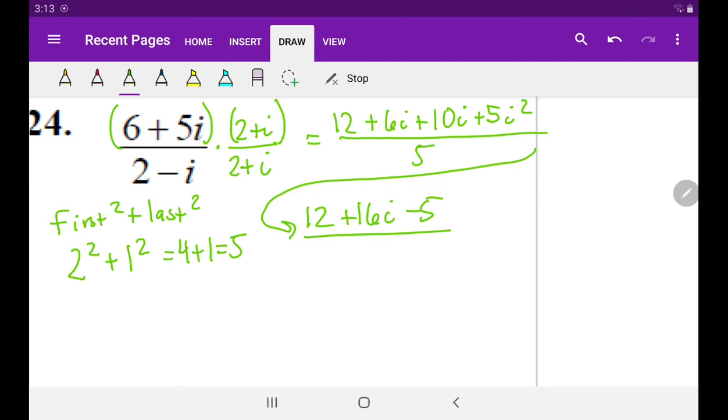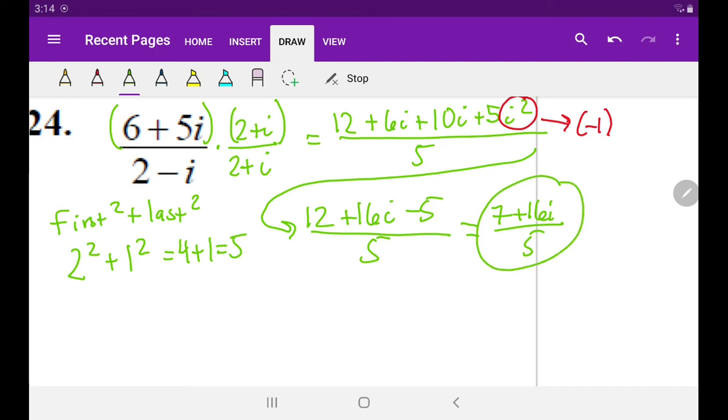That'll turn into a minus 5 because, remember, quick review, I squared is the same thing as negative 1, and then this is all over 5. Okay, so simplifying this, well, 12 minus 5 is 7 plus 16I all over 5, and we're all done.